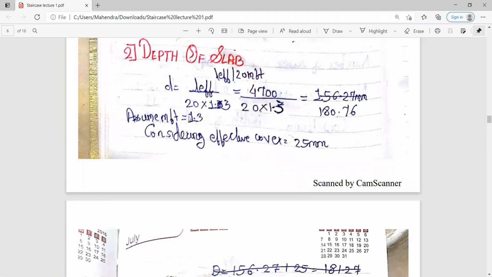Again, you have to assume the modification factor value from 1 to 1.5. So we have taken it as 1.3. For any of the slabs, you have to assume the value from 1 to 1.5 for MFT.